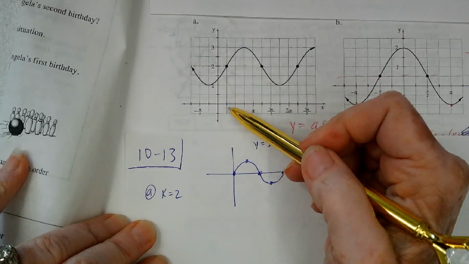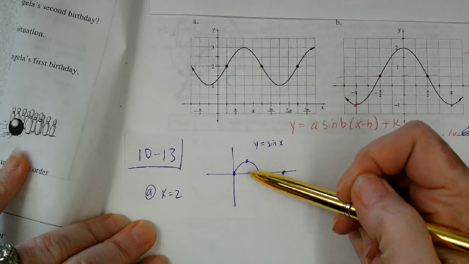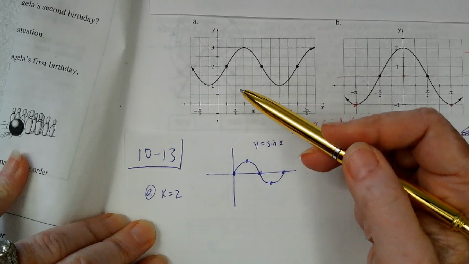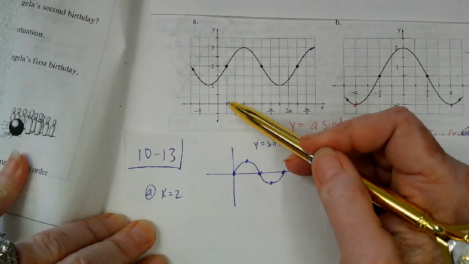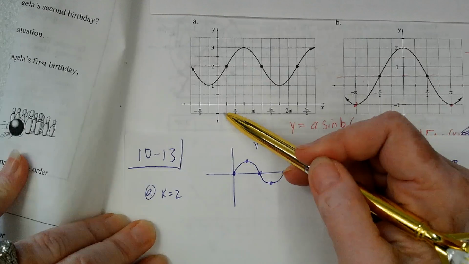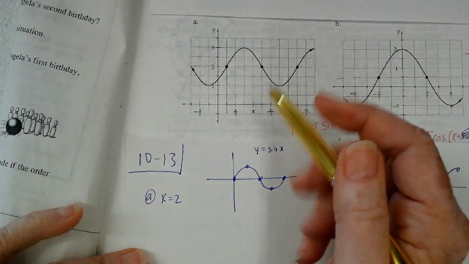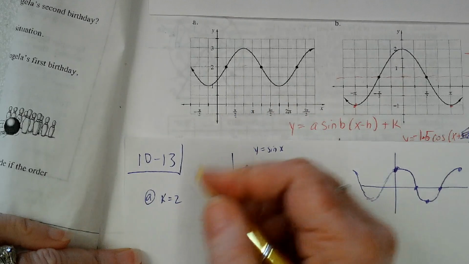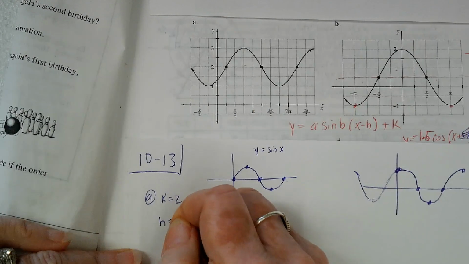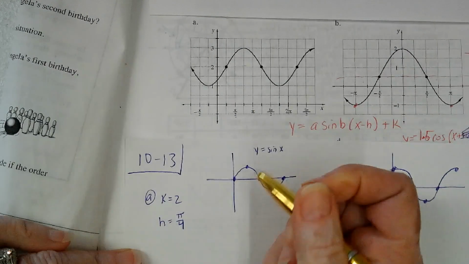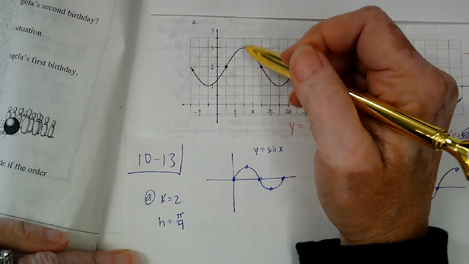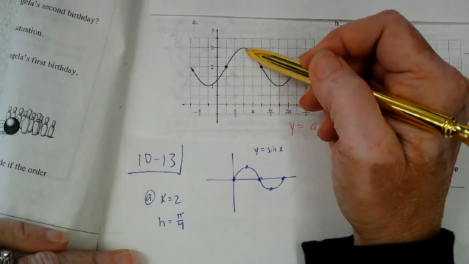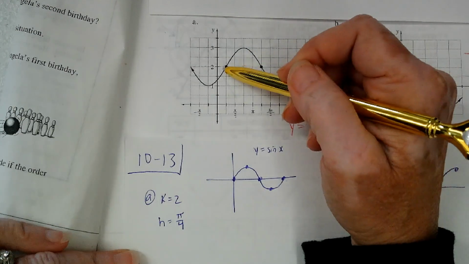And H is going to be the locator point. So H is going to be whatever that little increment is right there. If this is pi over 2, that must be pi over 4. A is the amplitude, so it's how far up and down from the midline.